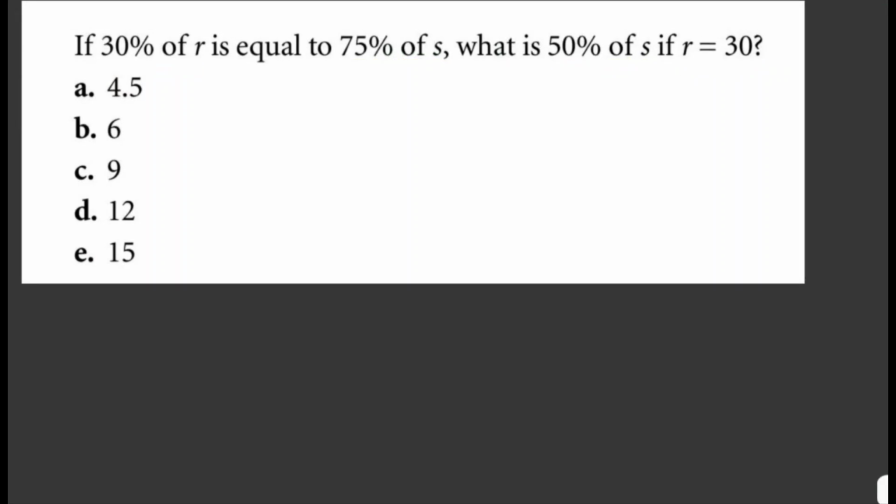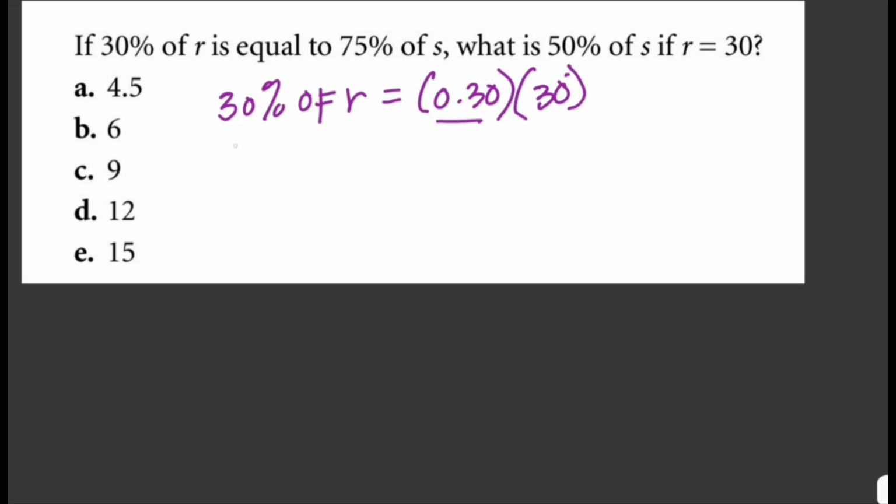If R is equal to 30, then 30% of R can be written as 0.3 times R, which is 0.3 times 30. Okay, this is 0.3 because it is in percentage form, and you need to divide that by 100. So that is equal to 9.